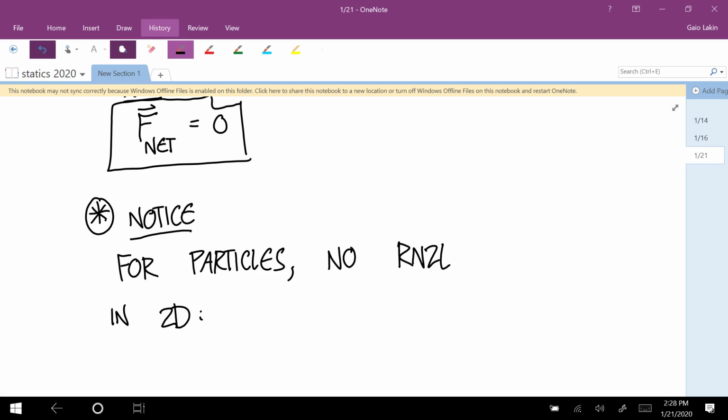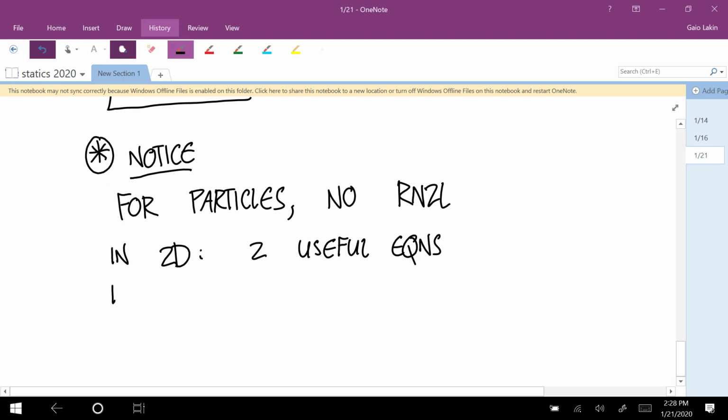Then add up all the y components of the forces, and they have to be equal to zero. So this gives us two useful equations. If we're in 3D, then the z components also have to add up to zero, and so you get three useful equations.